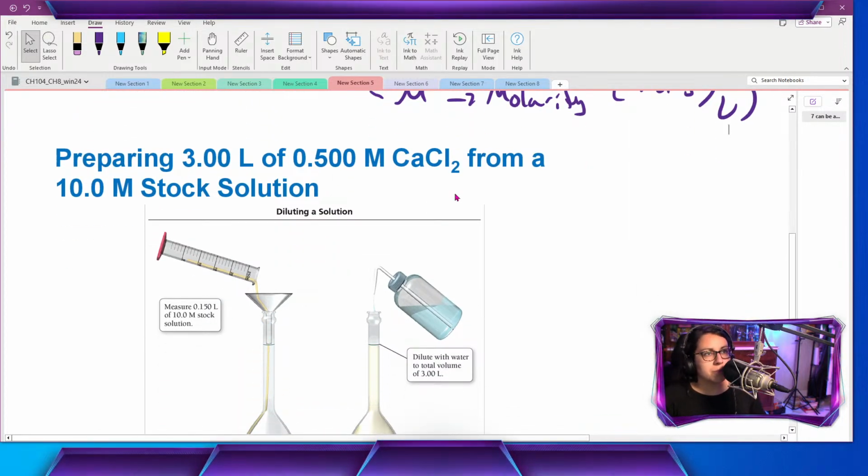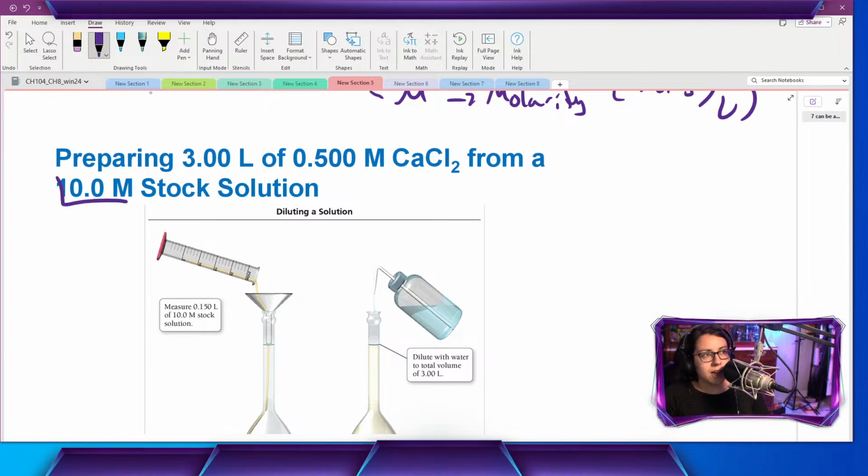So here's an example of what the stockroom does for us. You have to answer this question first. Let's say for our lab, we're using a 0.5 molar solution of calcium chloride, and we need 3 liters of it for our 2 lab sections.